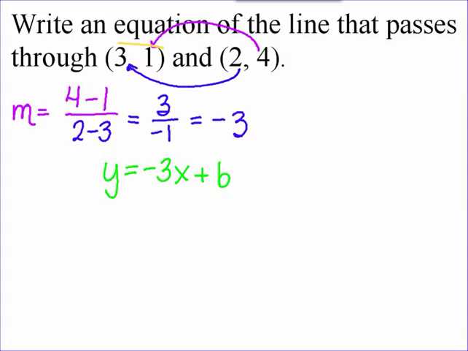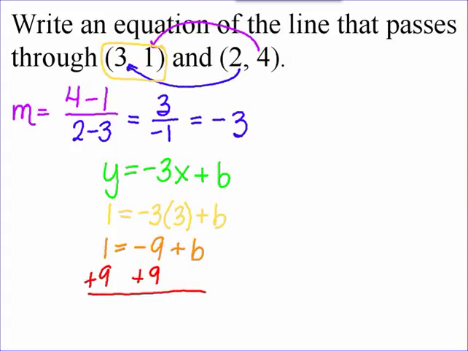Let's plug in (3, 1). If I plug in (3, 1), I get 1 equals negative 3 times 3 plus b. What is negative 3 times 3? Negative 9. Then I need to add 9 to both sides. So I get 1 plus 9, which is 10. So my new equation will be y equals negative 3x plus 10.